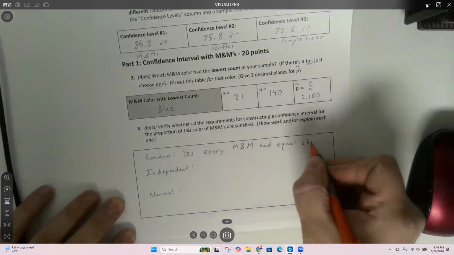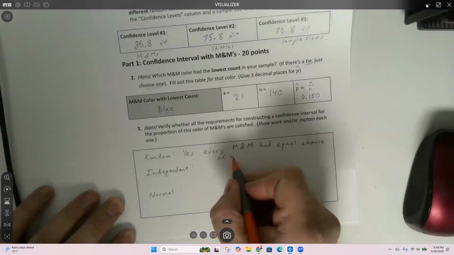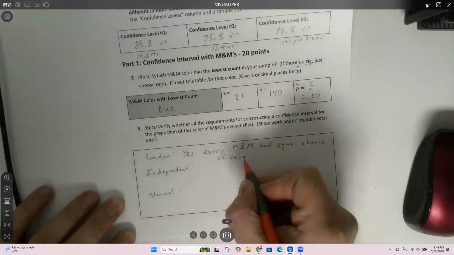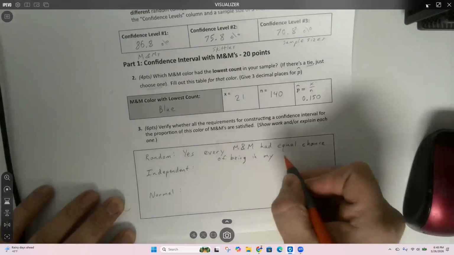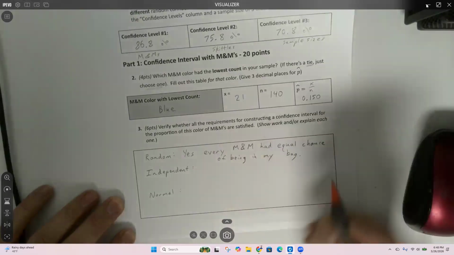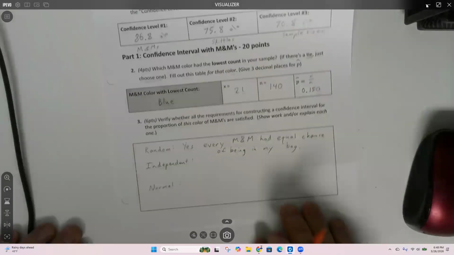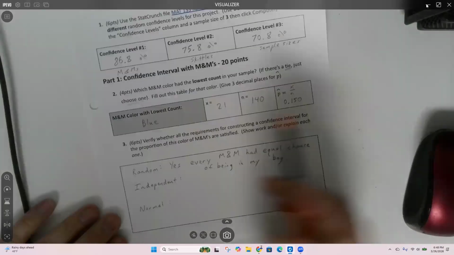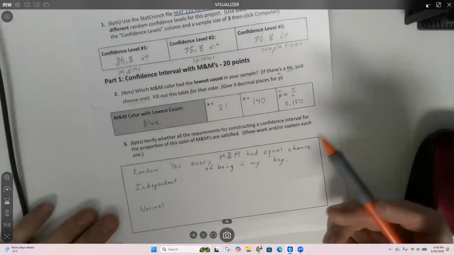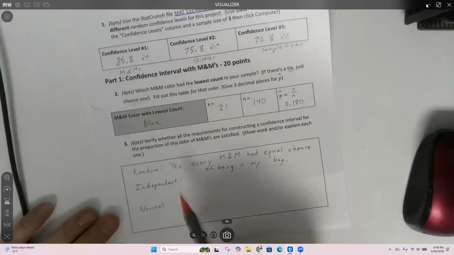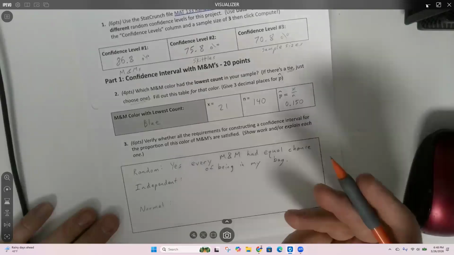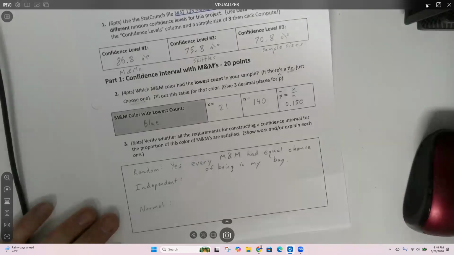Equal chance of being in my bag. Nobody went to the M&M store, and I don't know if they have a big vat of M&Ms where you could pick out which ones you want. Nobody went and picked out all the blues, right? That would not be random, okay? You guys didn't get to pick which ones you got. You just got a bag from Kroger or Meijer or whatever, and whatever was in there, that's what it was, right? So that is random, okay?